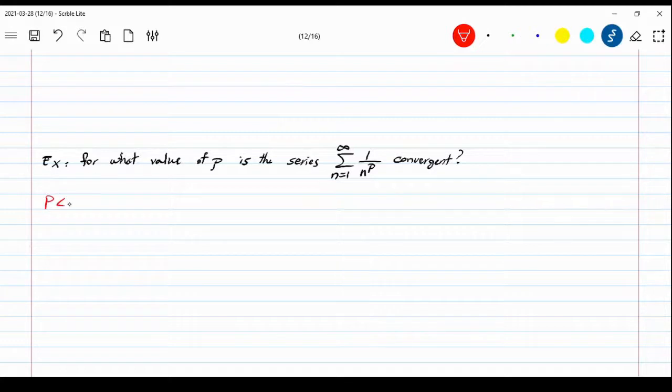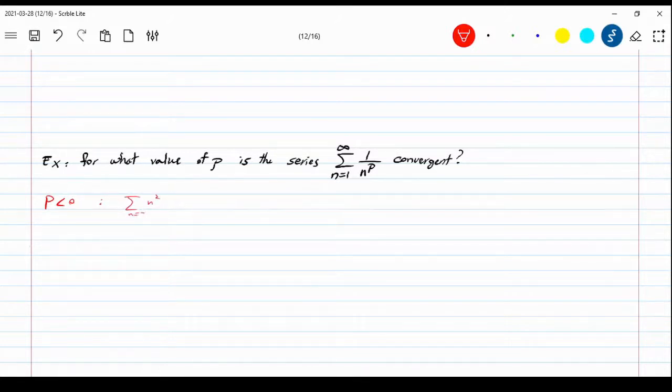What happens if p is negative? If p is negative, what you have is something like 1 over n to the power negative 2. You can write that as n to the power positive 2. So if p is negative, you can write it as n to some positive power, something like the sum of n squared.